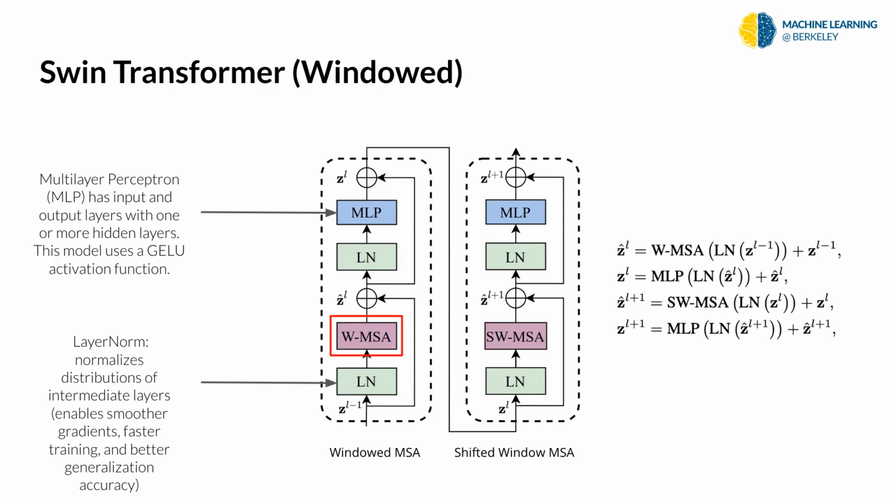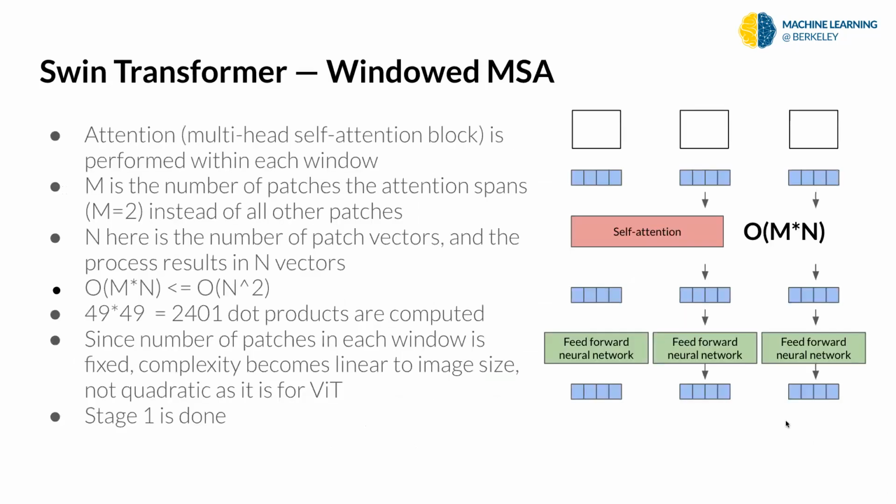And so the goal is to see how this architecture corresponds to this new modality that we're trying to explore. So for the first block, windowed MSA, attention is performed within each window, where M is the number of patches the attention spans.